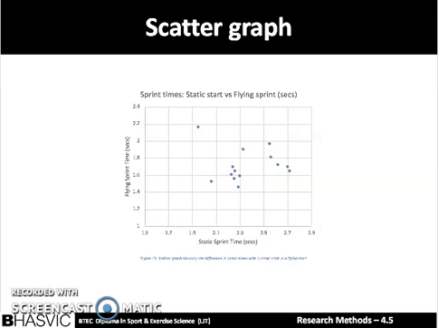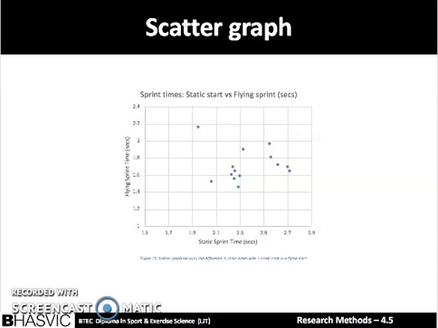So in figure 13 you can see that you're looking at the correlation between flying sprint time and static sprint time. Now again, in terms of presentation of the graph, you've got the labelled axes, you've got the regular intervals, you've got the title with the units of measurement, and the figure 13 and description at the bottom.